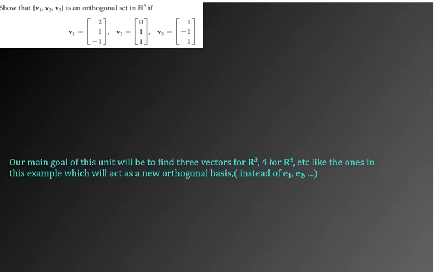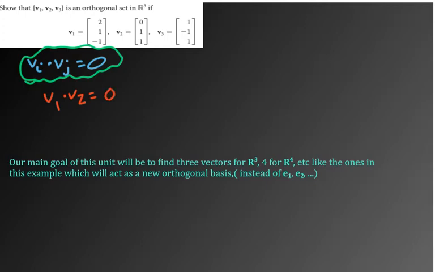And to show that they're orthogonal mathematically, the way you can do this is take any arbitrary v sub i and dot product it with v sub j, a different one, right? And that better equal 0. That's the main idea: any of these should dot product to 0. So we can just go through, do v1 dot v2, and we would get 0 plus 1 minus 1, which is 0.